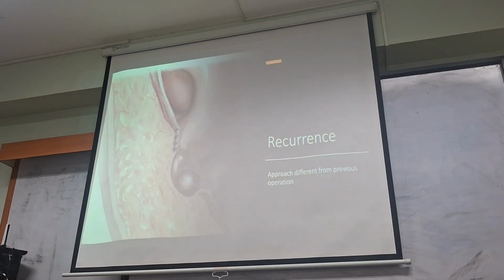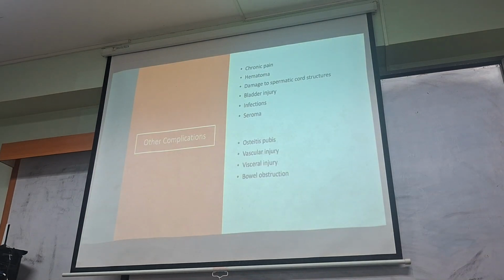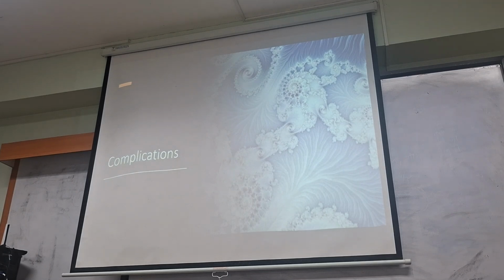Complications. So there are many complications that we can see from hernia surgery, like chronic pain, urinary retention, and injury to nerves. Two of the important nerves to note are the ilioinguinal and iliohypogastric nerves. So injuring these nerves can result in chronic pain in the inguinal region.